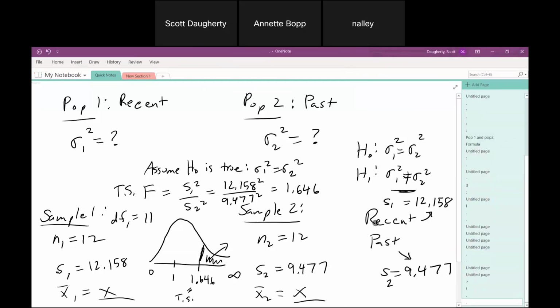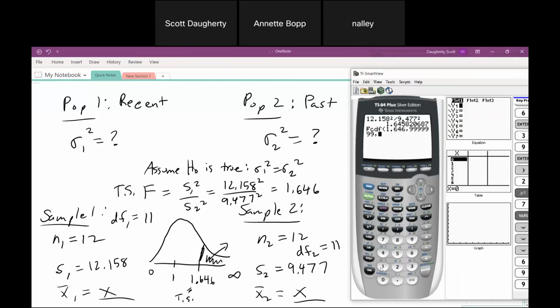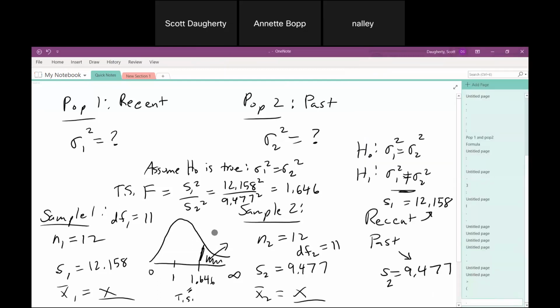DF1 would be 11, DF2 would be 11, one less than the sample size, right? And 11 comma 11. So the area trapped between those two F values is 0.2107, I think it was. Yep, but that's not your p-value because that's simply the area trapped in this right tail.